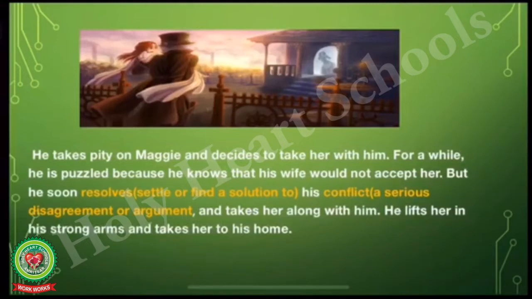So he soon resolves his conflicts and takes her along with him. He lifts her in his strong arms and takes her to his home. So he takes pity on her and takes her home, knowing that his wife would not like it. Basically, his decision to bring Maggie home leads to all the action in the story.